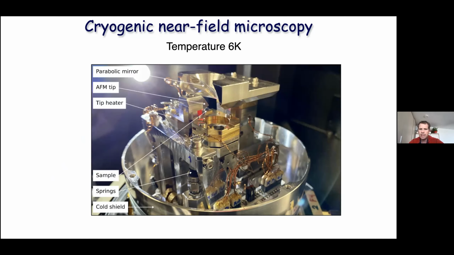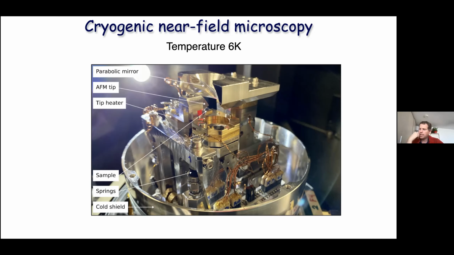Experiments are typically done at 10 Kelvin. This is the parabolic mirror. Here's the AFM tip. A sample is mounted somewhere here. All of this is inside a cold shield that is shown here, which basically defines the vacuum chamber. Then this entire system is on top of springs that you see here that are damping the vibrations from the cryocooler.